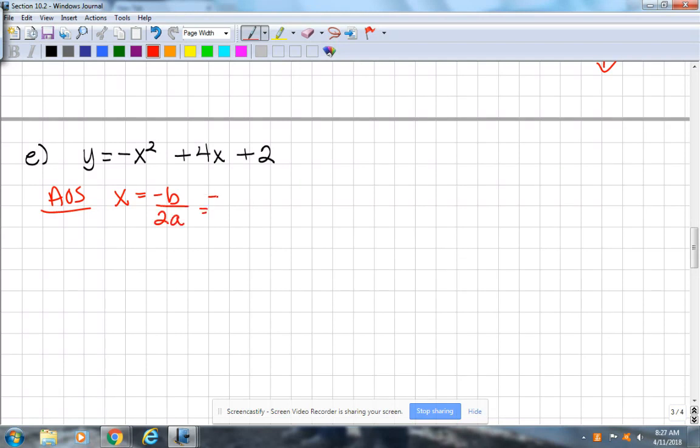Good. So negative, what's our B? 4 over 2 times what's our A? Negative 1. So that's going to be negative 4 divided by negative 2, which is what? Positive 2. So x equals 2 is our axis of symmetry again.